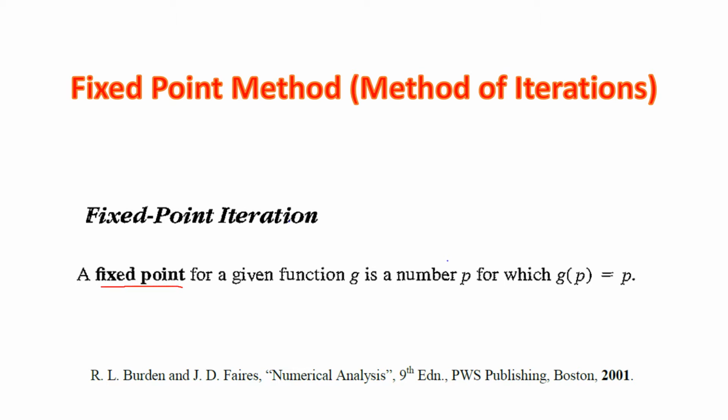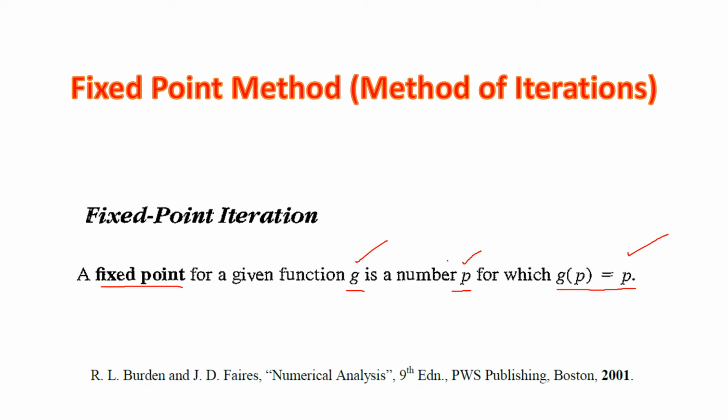A fixed point for a given function g is a number p for which this relation holds. Fixed point is associated with a function, and a number is said to be fixed point if this relation holds.